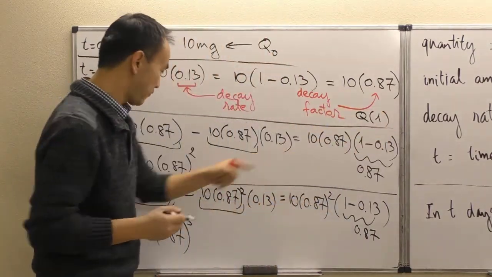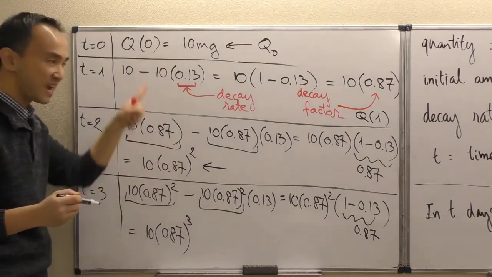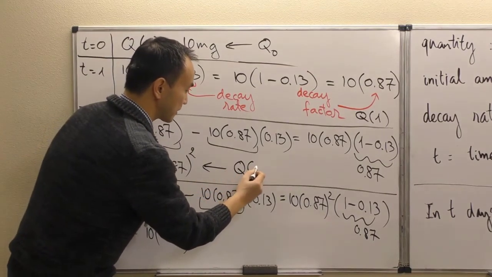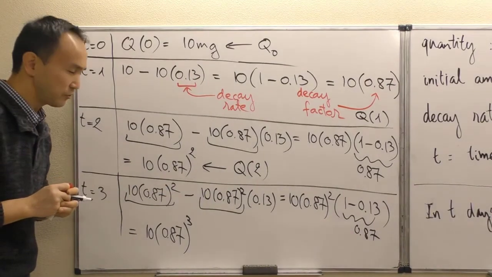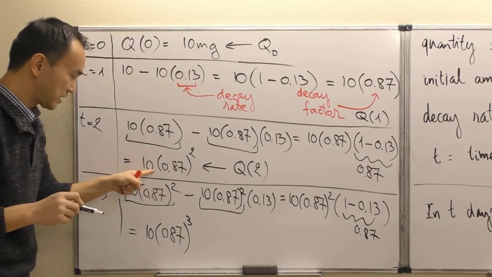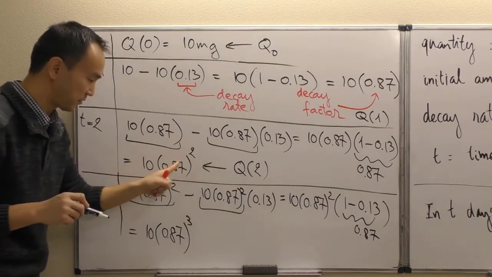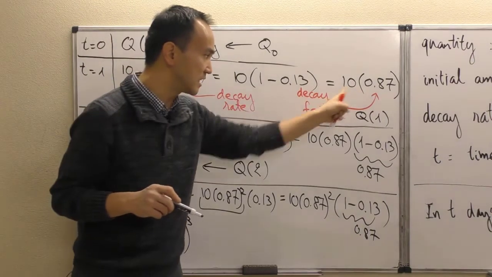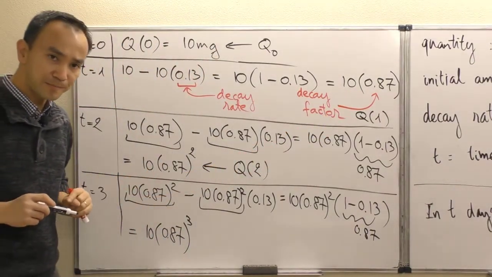And then for t equals 2, or 2 days after the initial amount, we call it Q2. So 10 times 0.87 squared, and that 2 right here results in a square. But now we start noticing a repetitive pattern, that the decay factors keep being carried over and over.